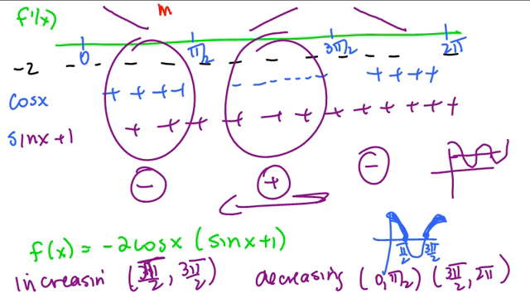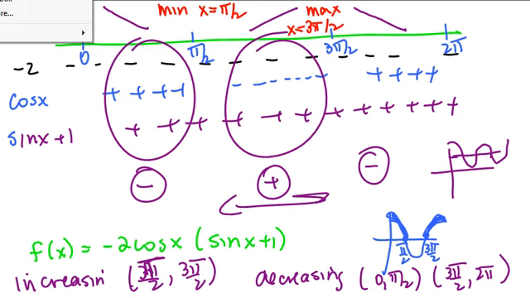There's going to be a min value at x equals pi over 2, and a max value at x equals 3 pi over 2. So let's figure out how high and how low this graph goes when x is pi over 2 and 3 pi over 2.